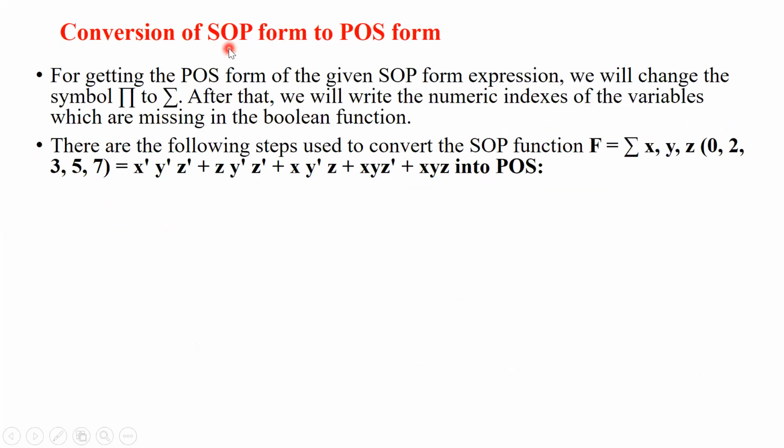I have the sum of product with me and I want to convert it into product of sum. So write down this heading. Suppose I have the sum of product expression given by summation xyz 0, 2, 3, 5, 7. So this is my question and I want to convert it into product of sum.